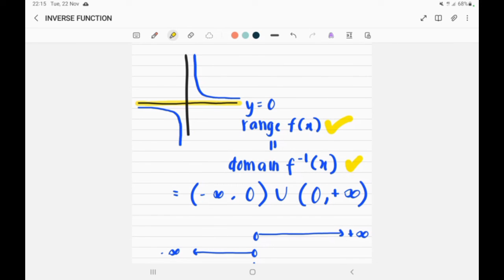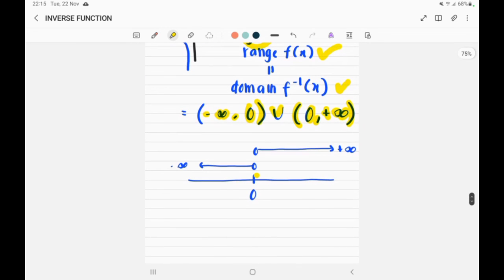So our f inverse cannot be equal to 0. So the domain of f inverse is negative infinity to 0, open bracket, united with open bracket 0 to positive infinity. When we sketch our number line, it will be something like this, where this is 0, with an empty circle going to negative infinity and an empty circle going to positive infinity.